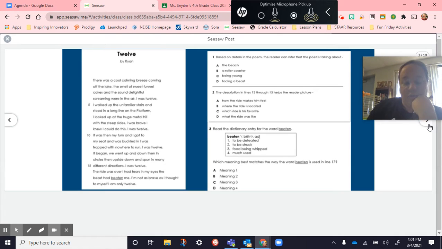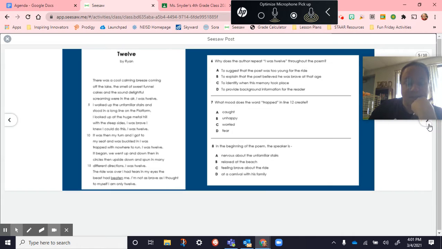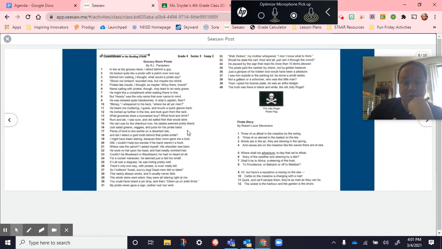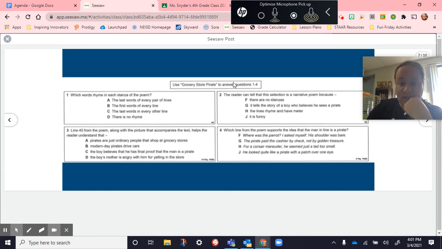All right, so in reading, we've been reading poetry this week. So today we did a paired passage. So these were two poems, the first one was called The Grocery Store Pirate, and the second one's called The Pirate's Story. So we read through the first one and we solved the questions because remember, in a paired passage, the first passage is always going to be the first chunk of questions.